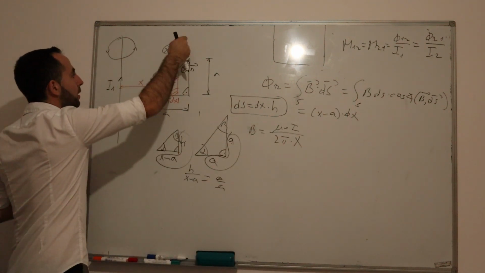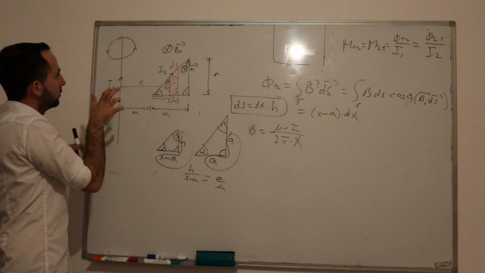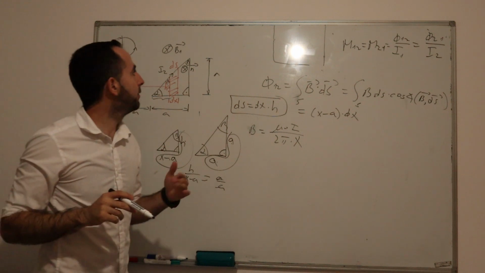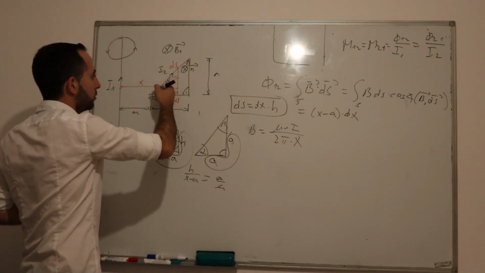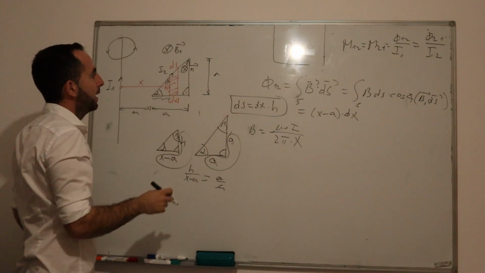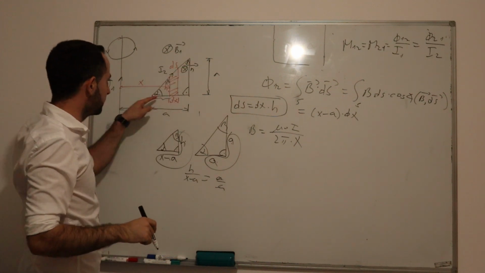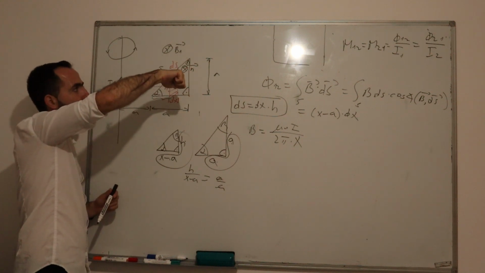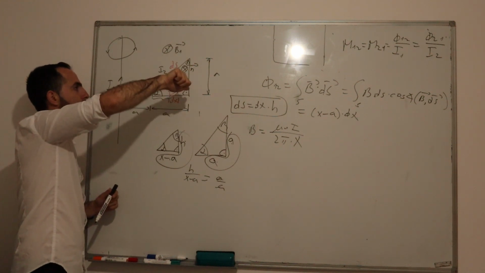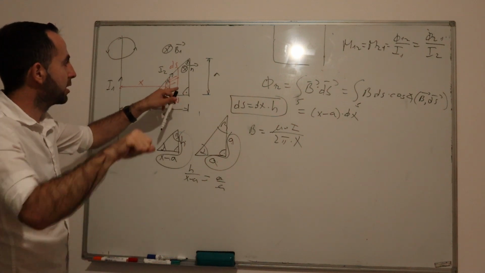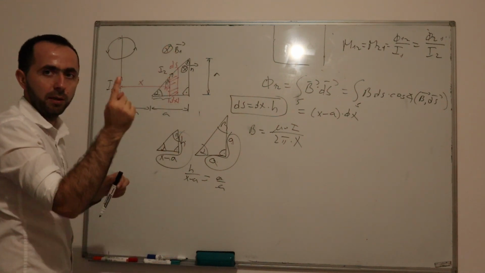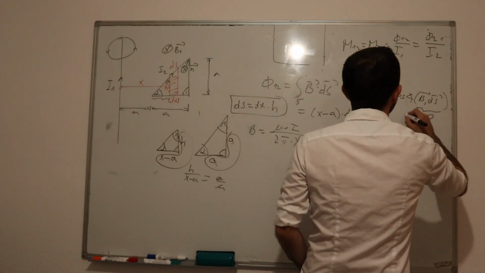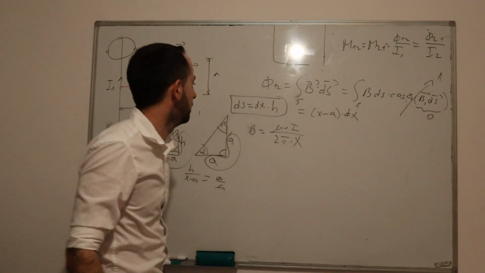Well, the direction of B is determined with the right hand rule, so we can see that it is from up to the table. The direction of dS is the normal to this surface, but because this is a directed contour, we must use the same rule, the right hand rule: curl our fingers in the direction of the current, and our thumb tells us the direction of n, and it has the same direction as B, it goes from up to the table.